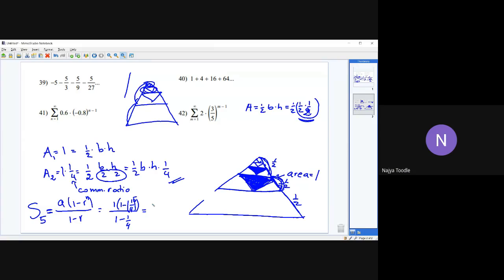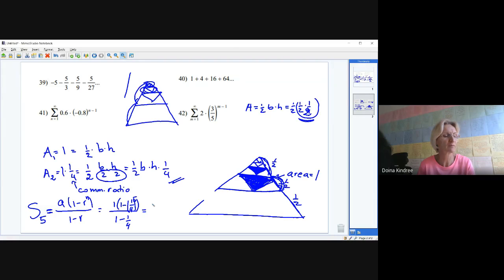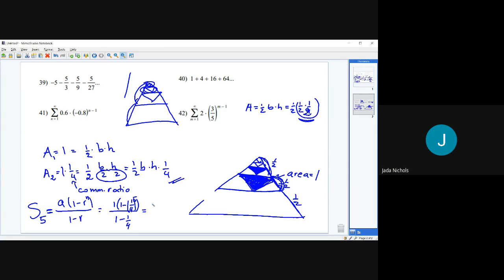Miss Kindree, I got 1. Just 1? No, it's 1.33125. It can't be just 1. The numerator is 1 minus 0.25 to the 5th power, yeah? Okay, I think I found where I messed up.